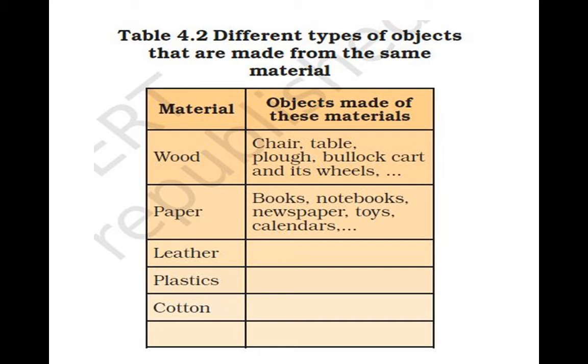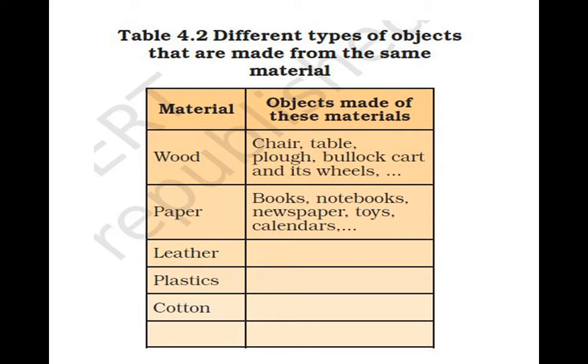Why? Actually, this depends on two things, for which object we are going to use which material. The first one is what we want to use the object for, and the second is the properties of the material.